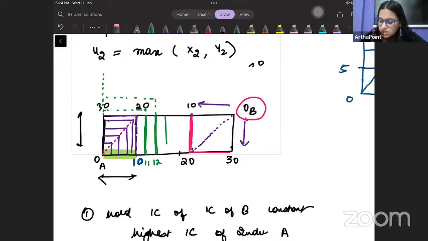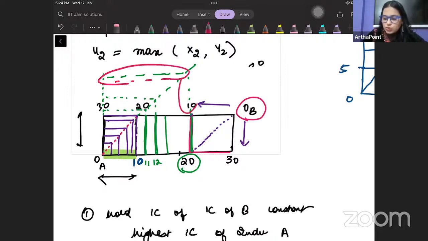Similarly, if I just keep doing this, there will be an IC of individual A which will pass through his kink point of 20, 20. But this part of that IC will be outside the Edgeworth box, and this will be within his Edgeworth box. So the highest IC that he will be able to attain will be this IC.